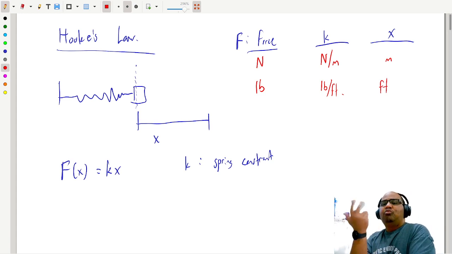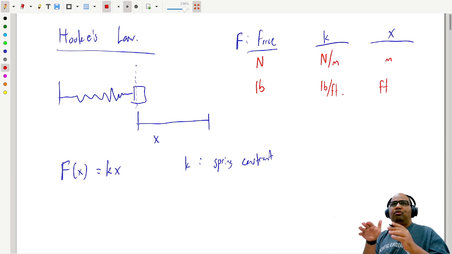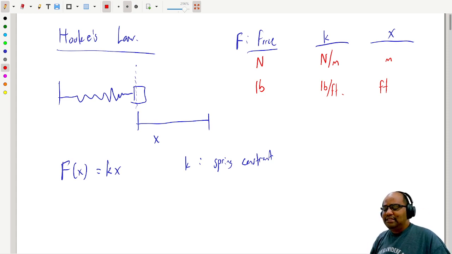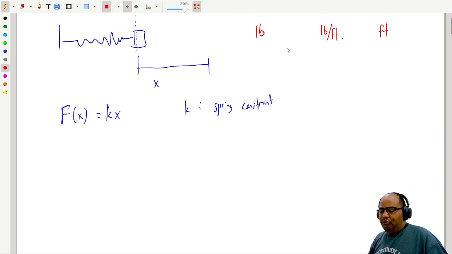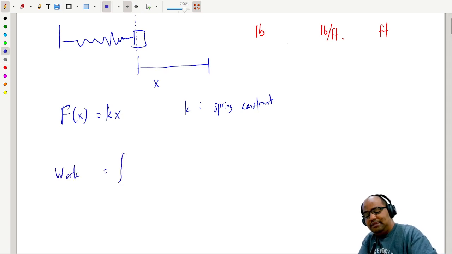If you remember from Physics 1, work is equal to force times distance, but that is only in the direction that the force is applied. You can get into different cases, say an inclined plane or some sort of variable path, but the general way that we can get work is by integrating the force function. So work here is going to be the integral of our force function.